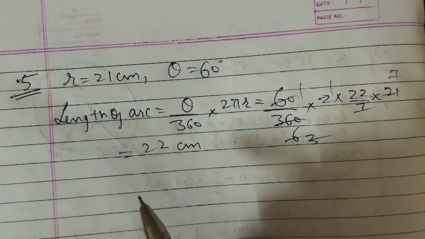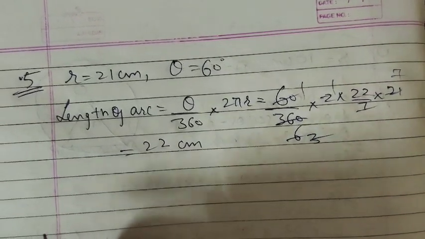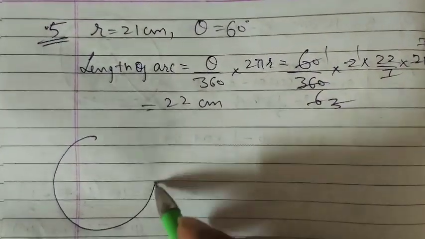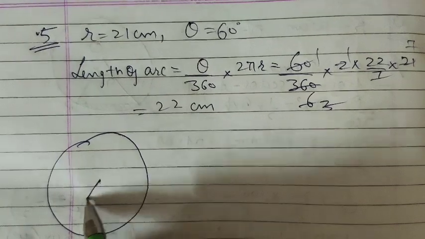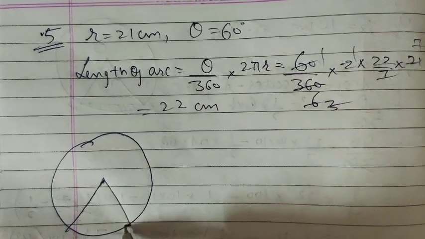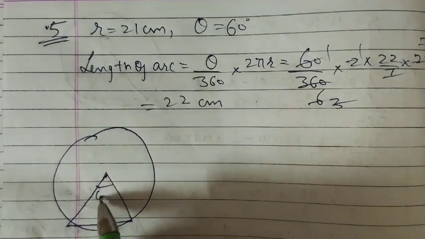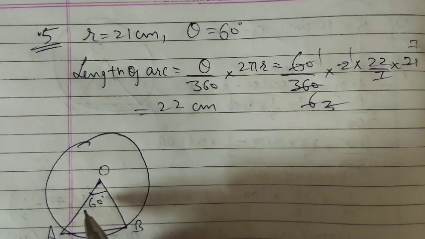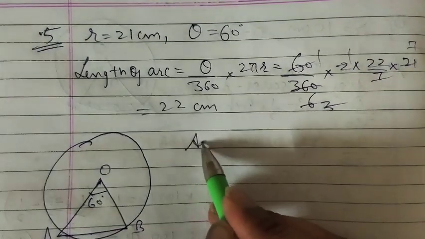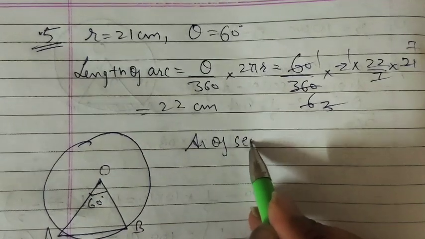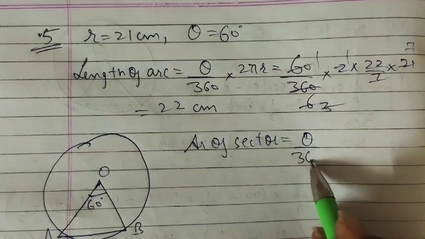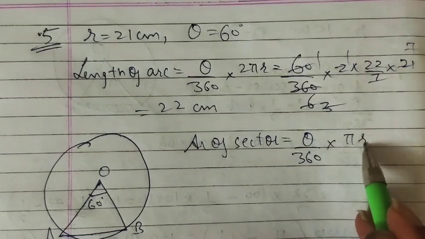Next, area of the sector formed by the arc. If I draw the figure, this is 60 degree, OAB. So area of sector is equal to theta upon 360 pi r square.